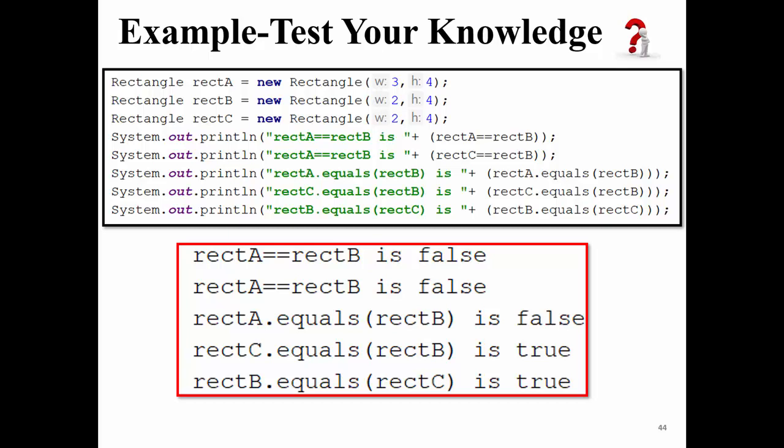That is the beauty of dot equals: it should not matter which one is calling dot equals. Rectangle C dot equals B should return true, and if I use rectangle B dot equals rectangle C, it should also return true. This is one of the things we highlighted earlier when we implement dot equals methods.